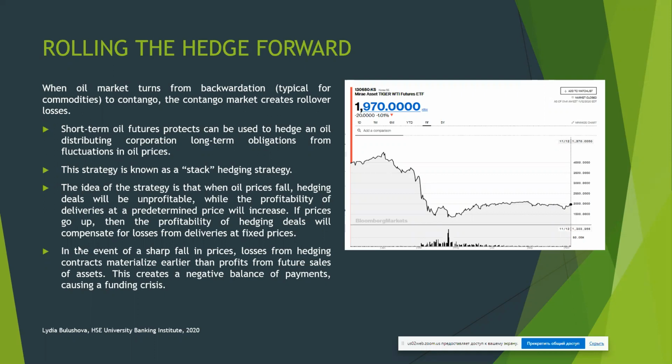So when oil prices go down, hedging deals are unprofitable, while the profitability of deliveries at a predetermined price will increase. If prices go up, then the profitability of hedging deals compensates for losses from deliveries at a fixed price. So once again, that's a business.